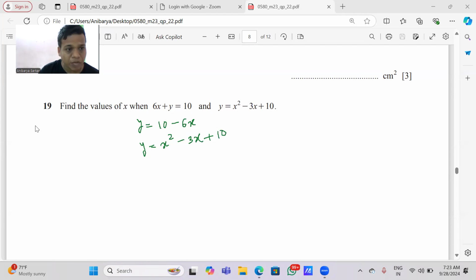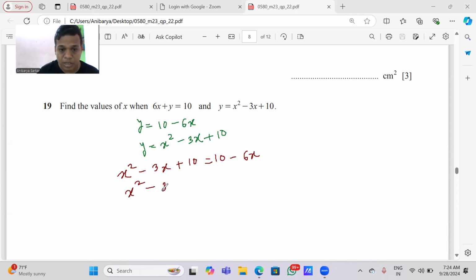If we equate the values of y, then it will be x squared minus 3x plus 10 equal to 10 minus 6x. Now we can take all the variables on the same side and the numbers on the same side.